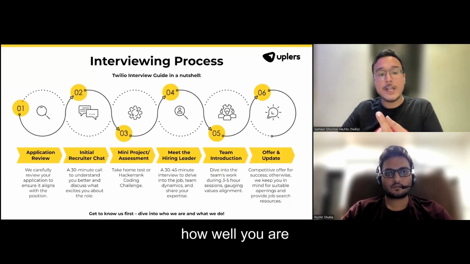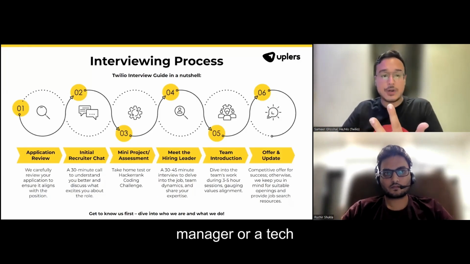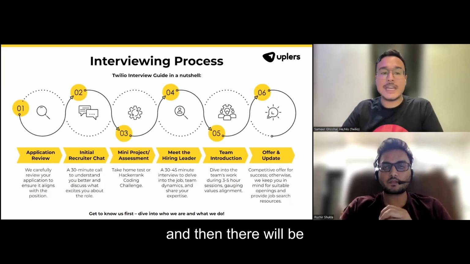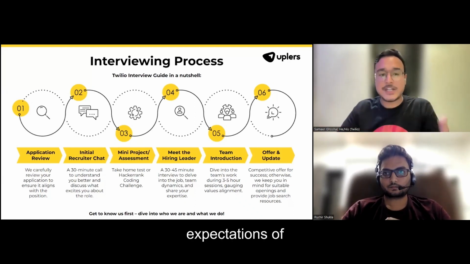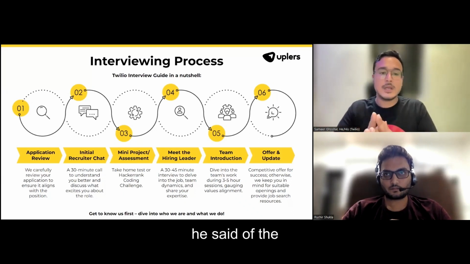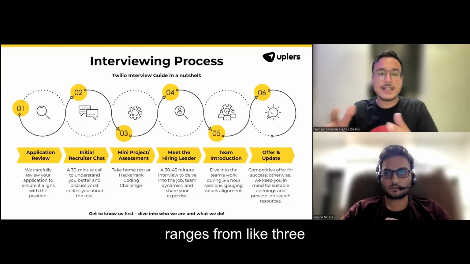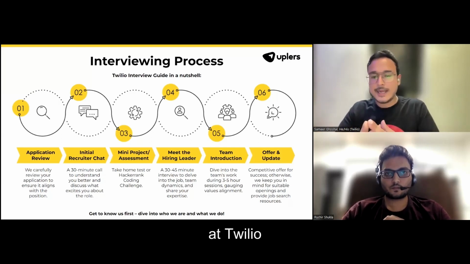We will see how well you do with your functional ideas, maybe with a product manager or a tech program manager taking that round. And then there will be additional rounds based on the hiring manager's expectations of the requirement. We set up the next round as well. Ideally, the face-to-face round ranges from 3 rounds up to 7 rounds, depending on at which level you are interviewing at Twilio.